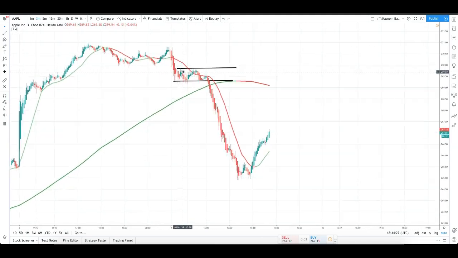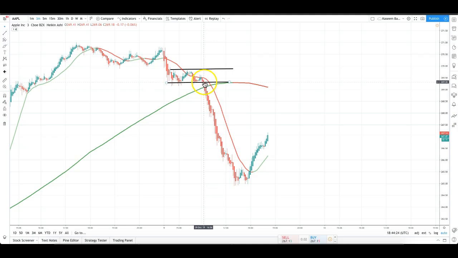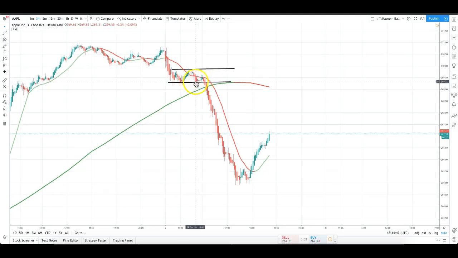So if the current price keeps going above and it breaks this previous one, let's say this is where you were looking at it from, which is where I started looking at it, which was around 9:30 or so this morning.